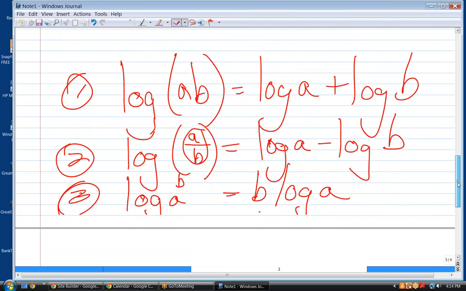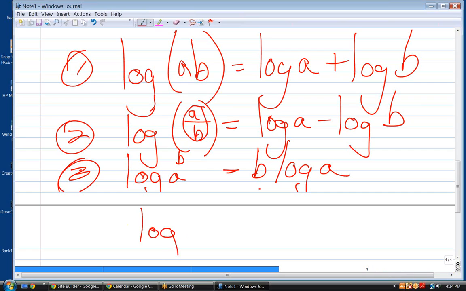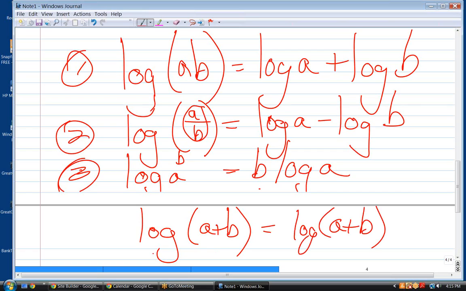One thing you got to be a little careful with those rules. If you look at them, when you get a problem like this, what does that equal to? It's a trick question. It's really equal to the log of a plus b. In other words, that does not do anything. We have addition taking place in the argument.